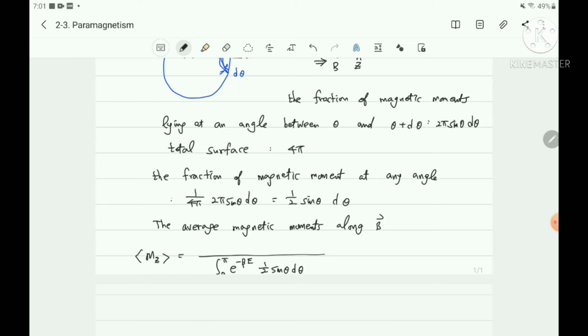Also in the numerator, from 0 to pi, m_B times exponential of minus beta energy, times one half sine theta d theta. Beta is 1 over k_B T, the reciprocal temperature.